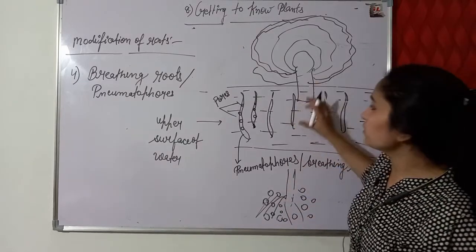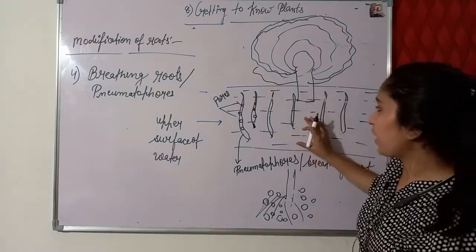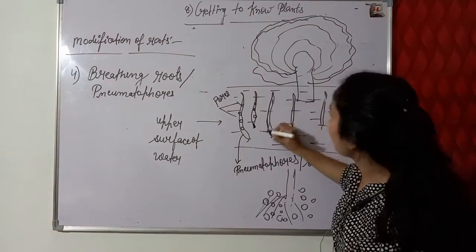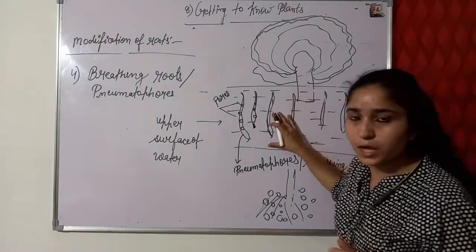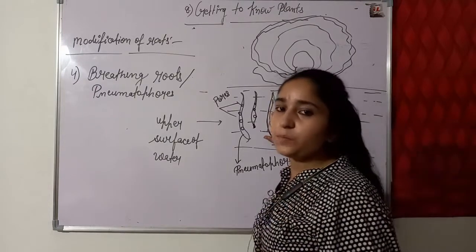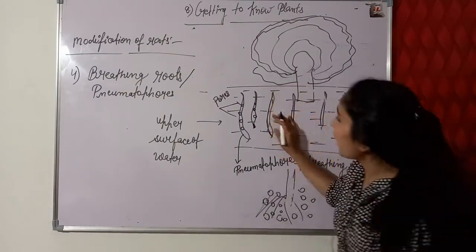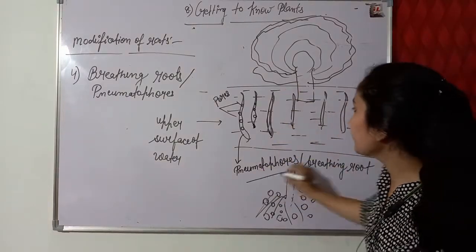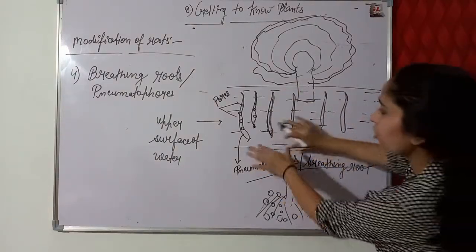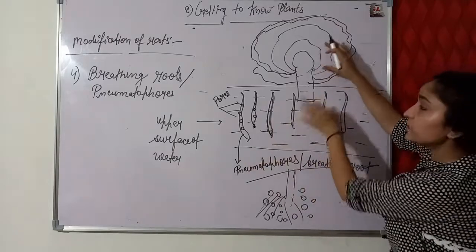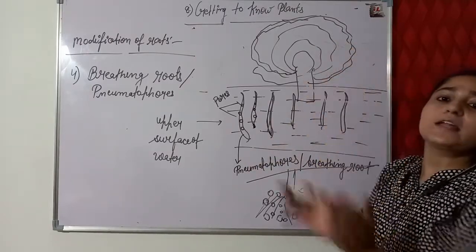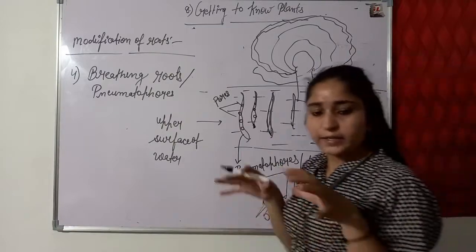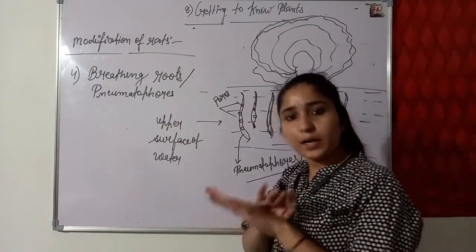So roots of these plants grow vertically upward. These are the roots of these plants that grow from the underground part of the roots and grow vertically upwards. And these roots are called pneumatophores. These all are roots of these trees that arise from the main root of the plant, and that main root is present in the underground part.